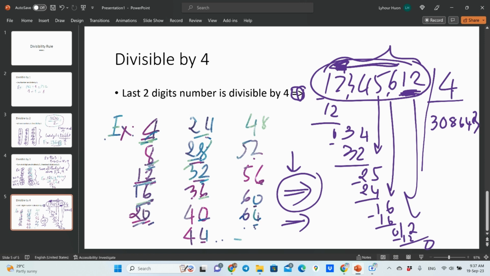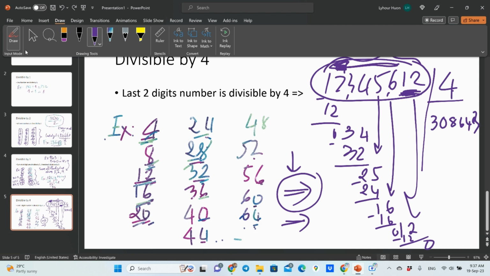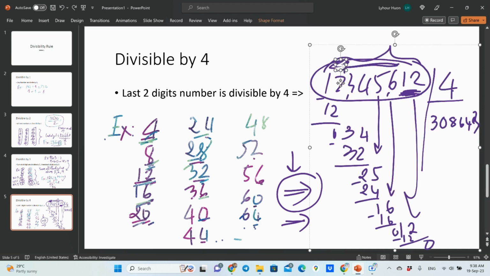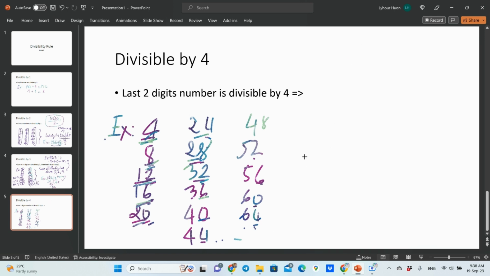It looks like this, and this means therefore. Therefore it can be divisible by 4.